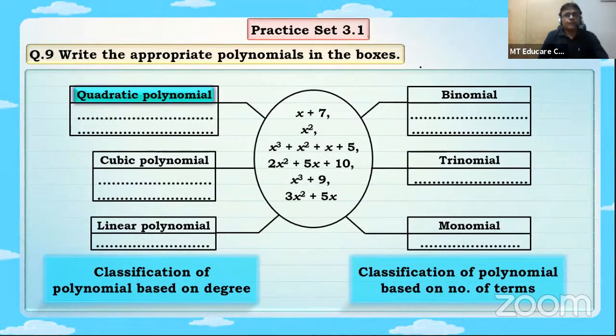Write down. The polynomials are: x plus 7, x square, x cube plus x square plus x plus 5. Then next is 2x square plus 5x plus 10, x cube plus 9, and 3x square plus 5x.